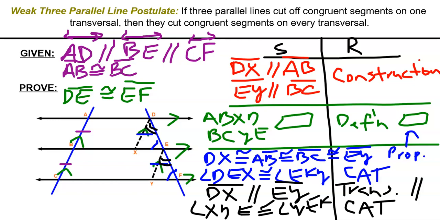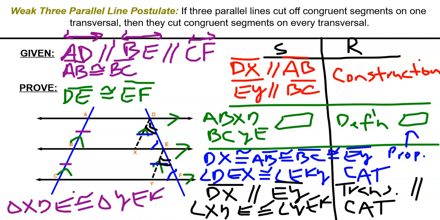Great, so now we have two angles and a non-included side of two triangles being congruent, which means that we can use angle side and say that triangle XDE is going to be congruent to triangle YEF. That is because of ASA.